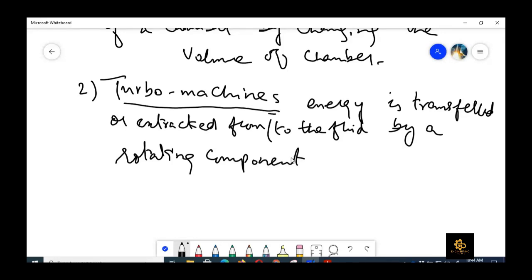And when that energy is being transferred, then the momentum, angular momentum, and pressure of the fluid changes. It increases in case of pump and it decreases in case of turbine, right?